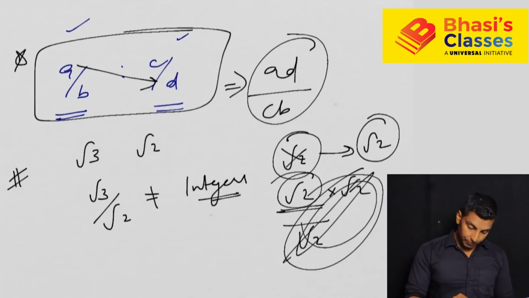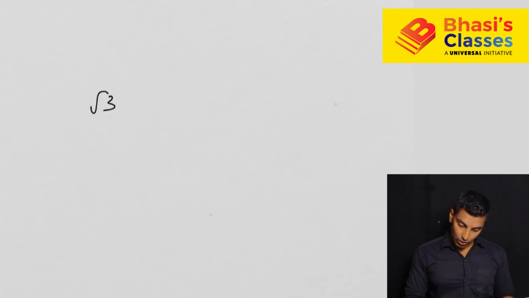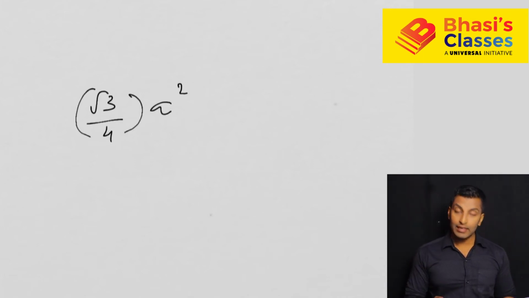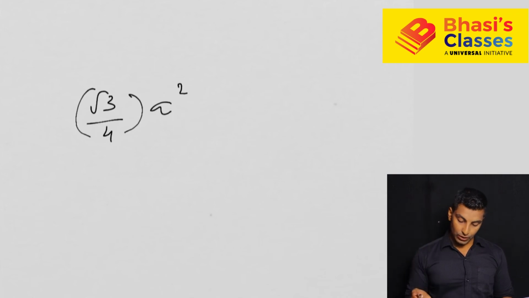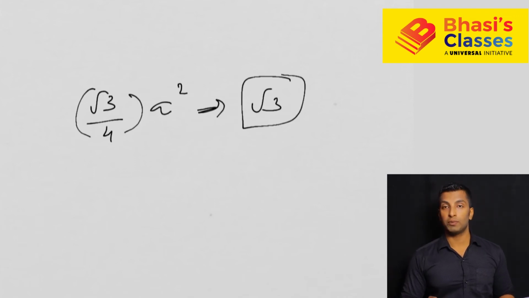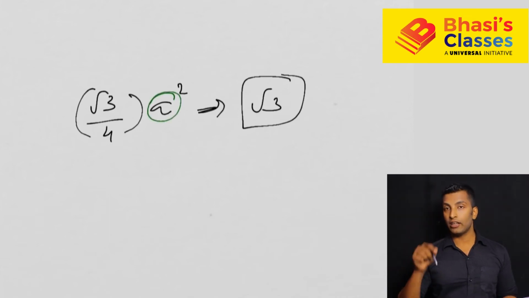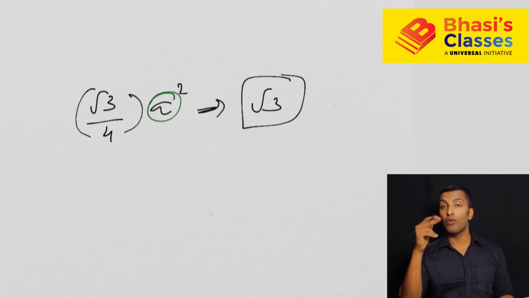Now if you want an example, let's take the area of an equilateral triangle. That is root 3 by 4 a square, right? Or the height, if the question is root 3 by 2 a. Now when you solve this, you should get root 3 in your option. So what is the only way in which you should not get root 3 in your option? The side of the equilateral triangle should be the 4th root of 3.